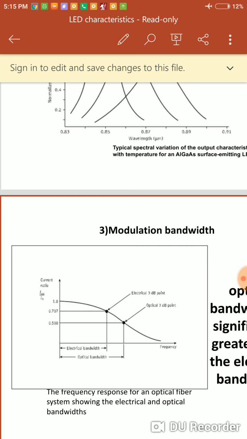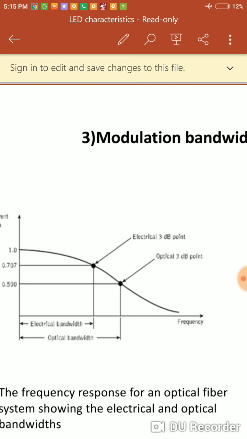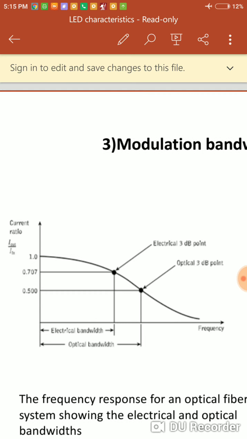From this graph, if you take its projection, you get the electrical 3 dB point and optical 3 dB point. If you compare the regions related to electrical bandwidth and optical bandwidth, obviously the optical bandwidth is more as compared with the electrical bandwidth.